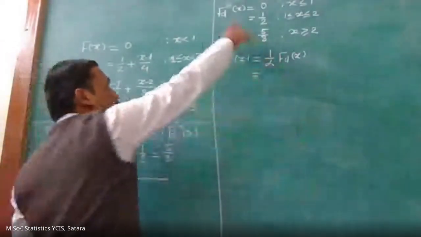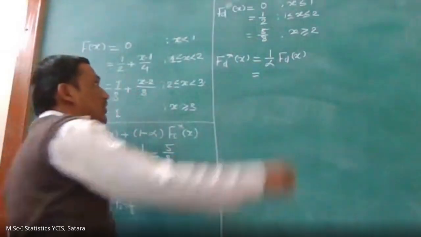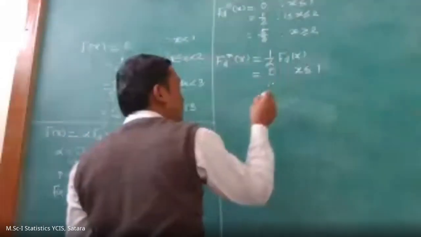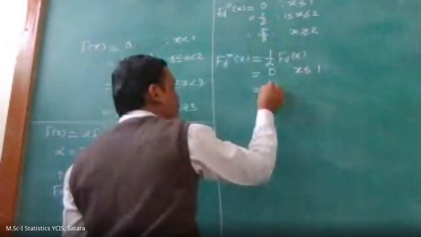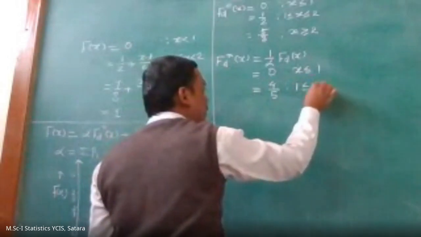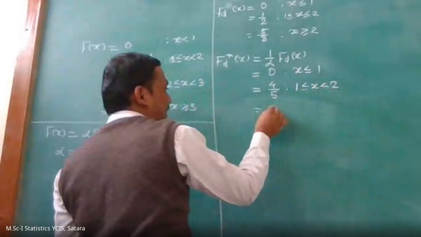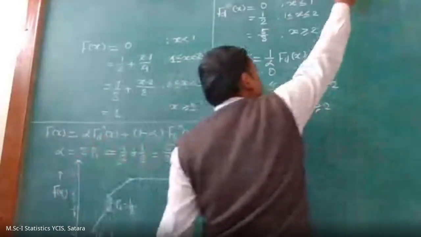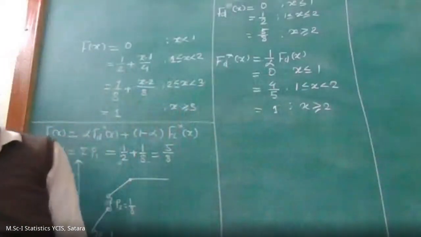Therefore fd star is equal to, if we multiply by 8 by 5, 0 for all the values less than 1, then we get the value 4 by 5 for 1 less than or equal to x less than 2, and equal to 1 for all the values greater than or equal to 2. Okay, so this is nothing but the fd star of x.